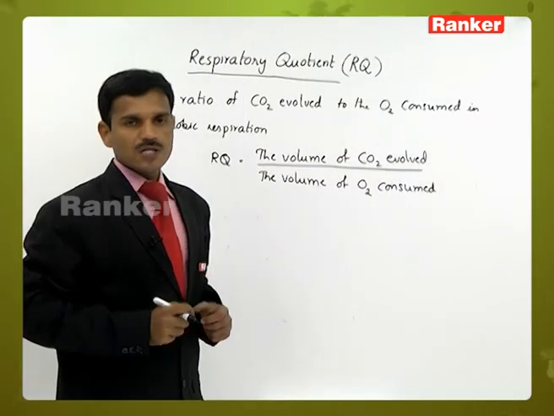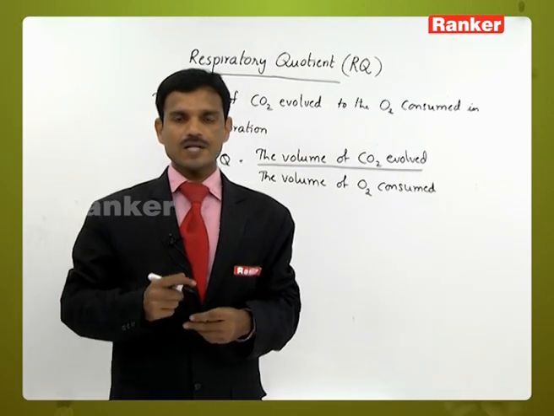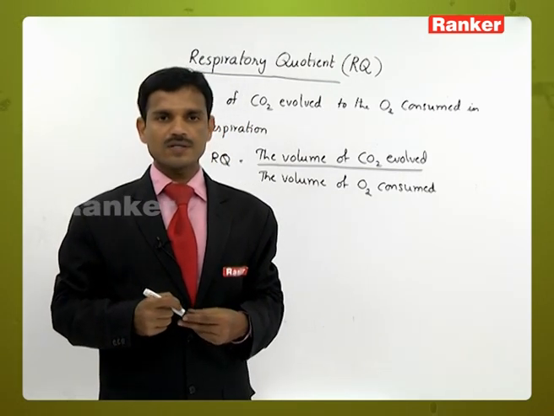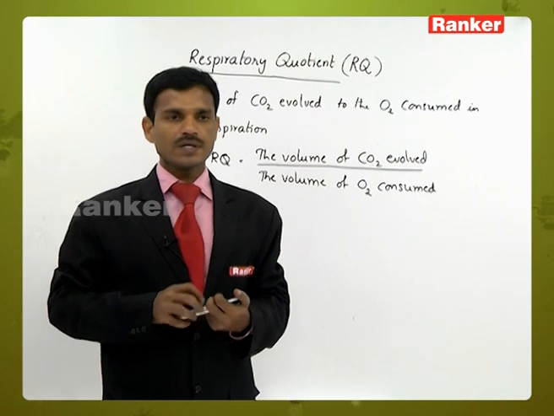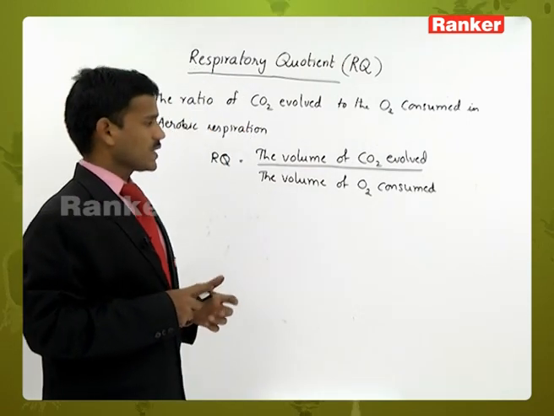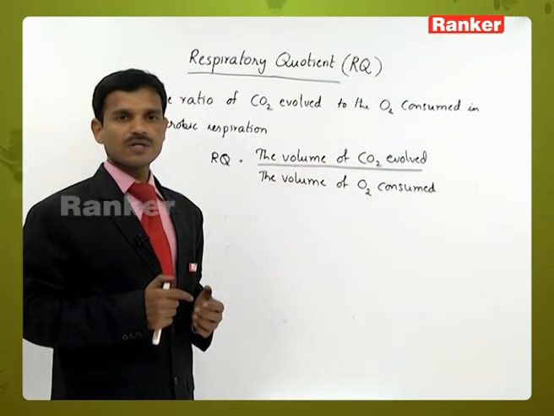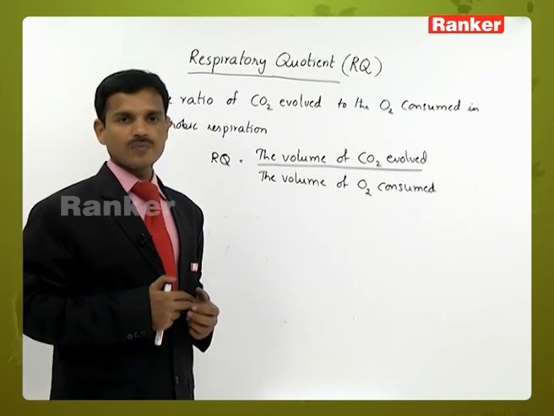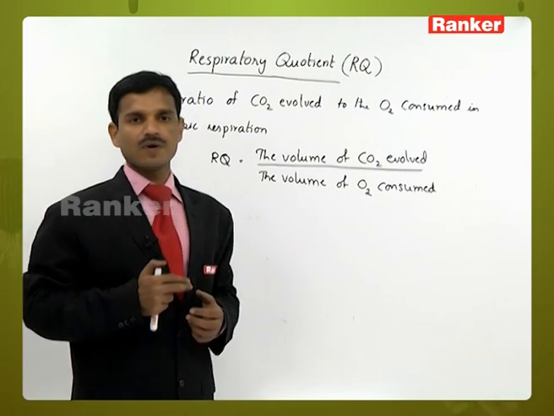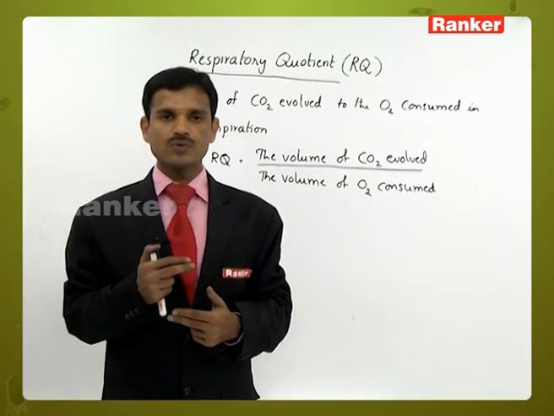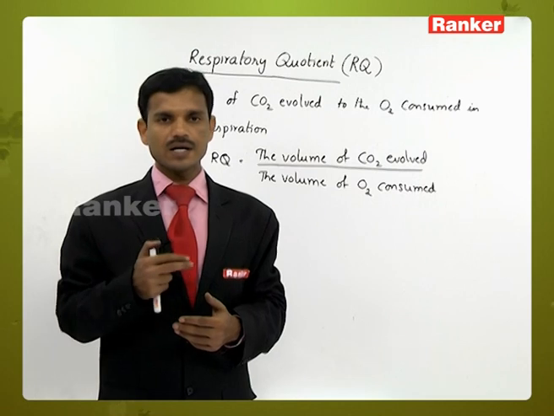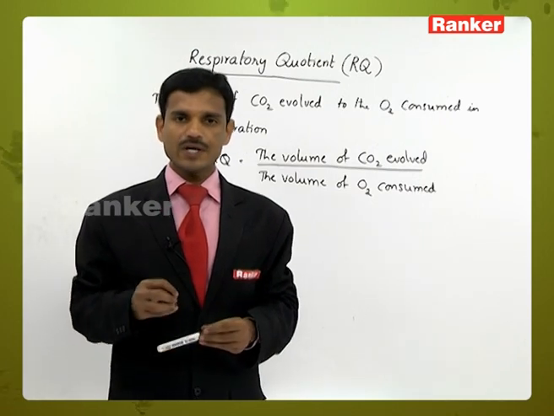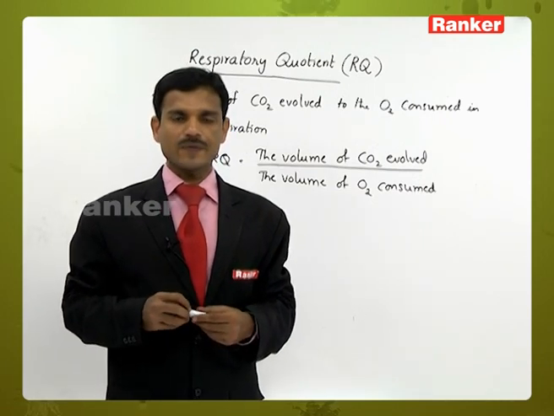In aerobic respiration, different respiratory substrates are involved. Glucose participates directly from the starting point, but fats and proteins are not directly involved. First they are converted into different components, then they enter aerobic respiration.